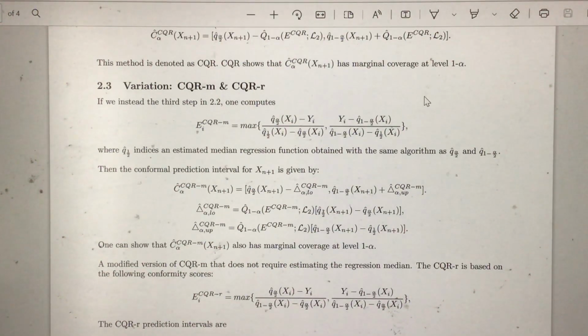Similarly, the triangle hat alpha upper of CQRM will be the capital Q hat 1 minus alpha times its denominator. So this can also show that the C hat alpha CQRM has a marginal coverage at level 1 minus alpha.